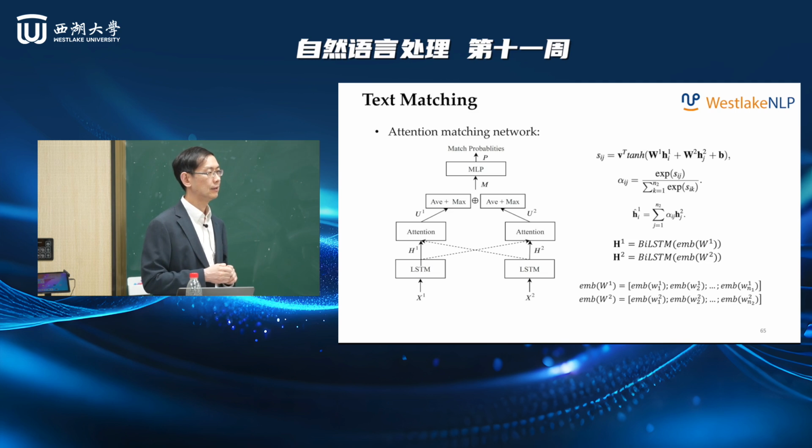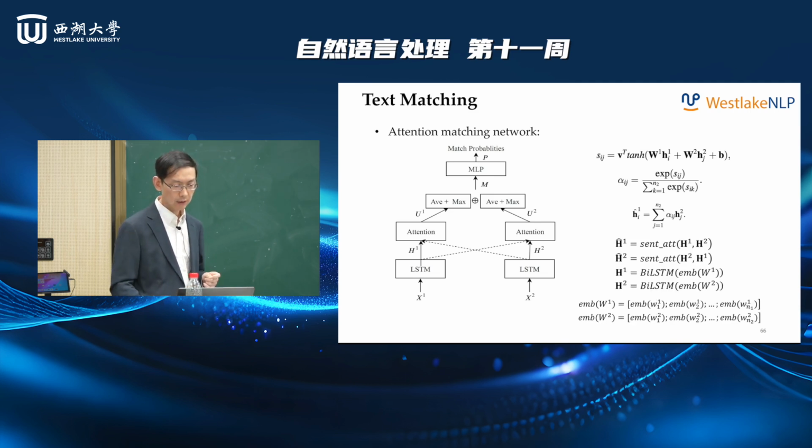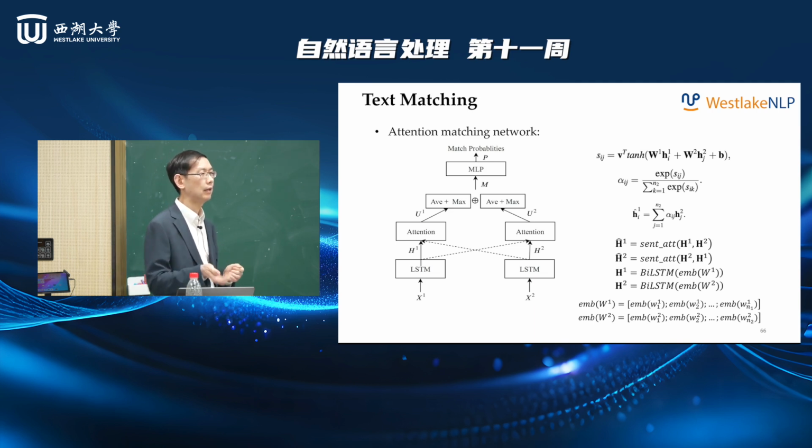Okay, and then that can be done in the opposite way. And I got H2 hat as well. So H1 hat is a representation of H1 that is aware of H2, and H2 hat is one that is aware of H1.